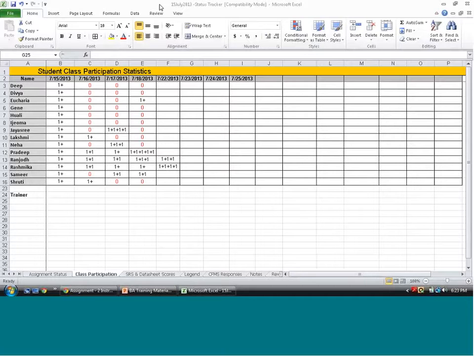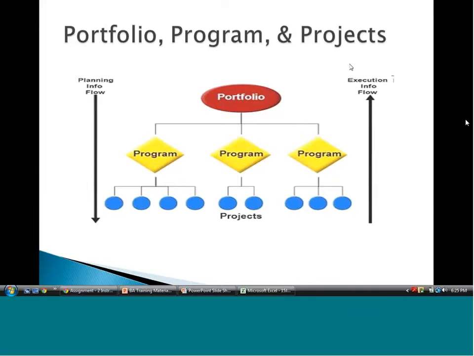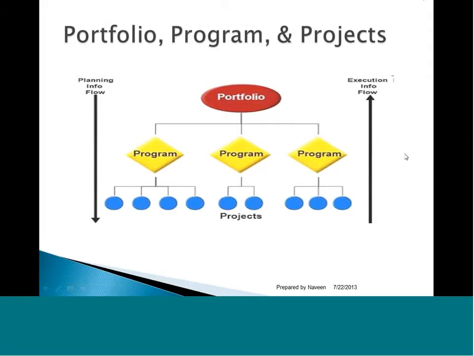Multiple projects are part of a program, and program management, which the PMO office manages, and then multiple programs within an organization form a portfolio. With portfolio, the planning and execution flows from the top to bottom, and then the execution from the project level.